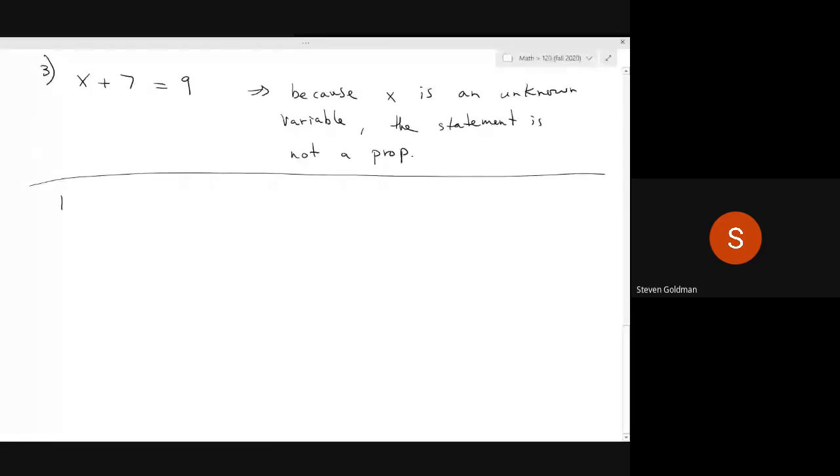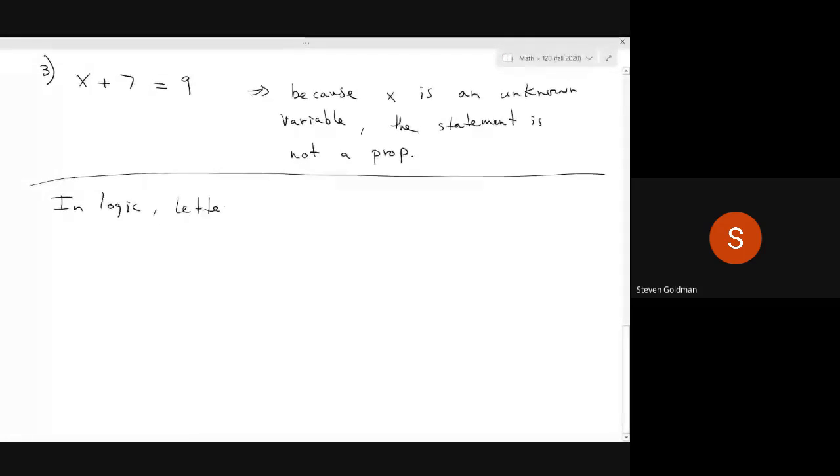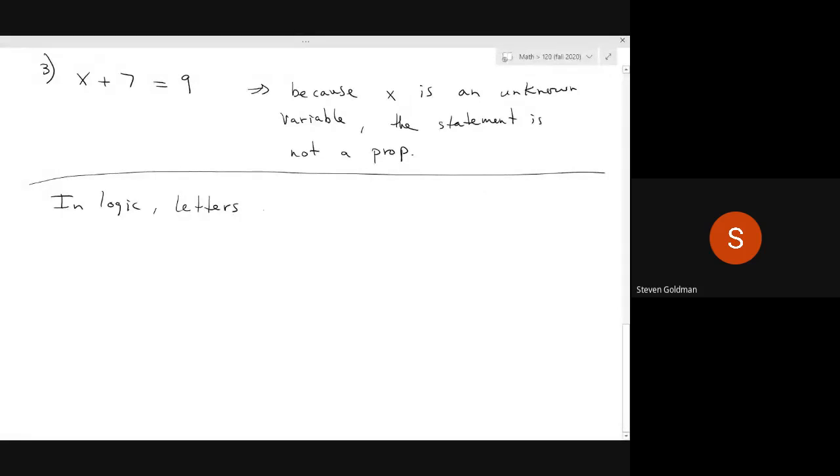So in logic, letters are used to denote propositional statements.